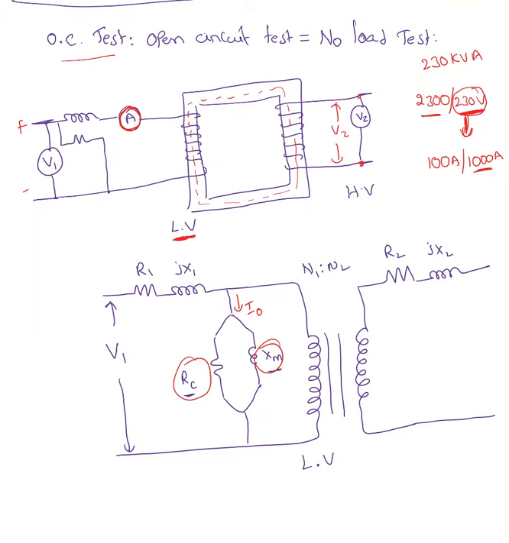Anyway, we're doing the OC test, open circuit test. If I connect on the primary side, I can see only 100 amperes. If I do this test on the HV side, the ammeter reading is going to be very small, so it's hard to read. For example, if this ammeter is reading 10 amperes on the low voltage side, it will read only 1 ampere on the high voltage side. That is the reason we always connect the OC test on the low voltage winding.